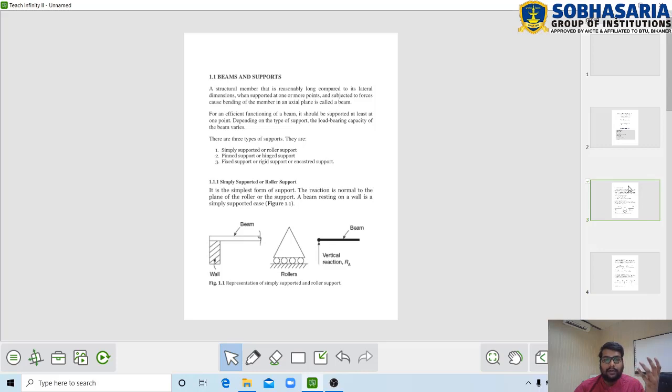So what is the main objective when we design any structure, or specifically any components which make a structure? We need to effectively transfer those loads along the structure to the foundation or to the earth.